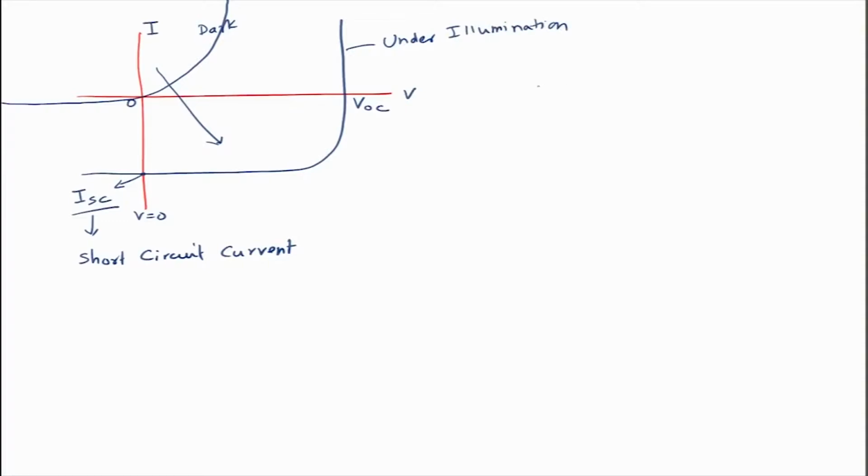We also looked at the operation under two assumptions. One was the long base diode and another was the short base diode, which modifies the equations. In the long base diode, when the diode is very long, Xn and Xp are much larger than Ln and Lp.